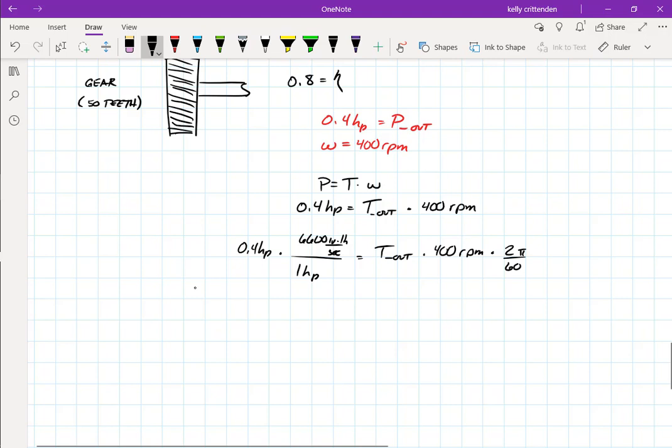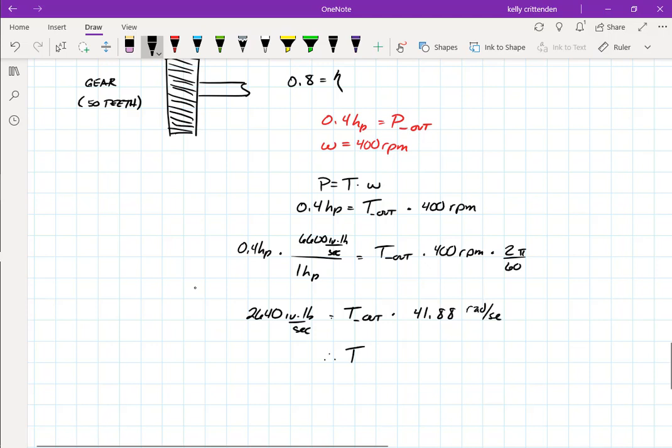Let's do some of this math. 0.4 times 6,600, I have 2,640 inch-pounds per second over here. Output torque times 400 times 2 times pi divided by 60 is 41.888, and those will be radians per second.